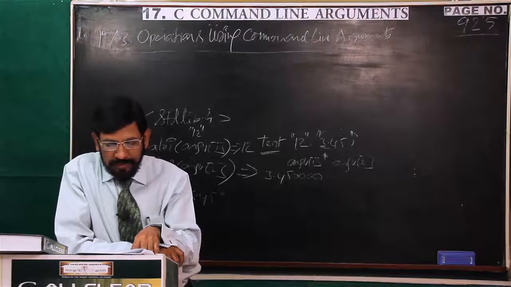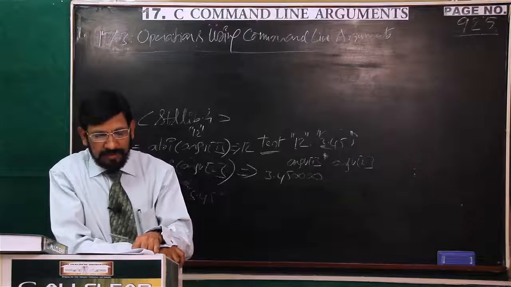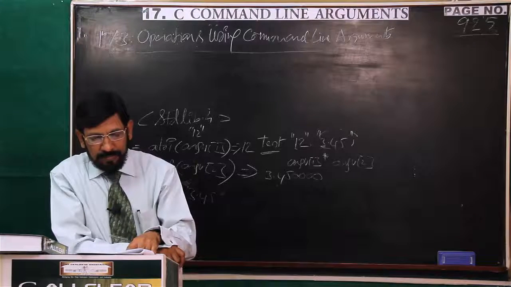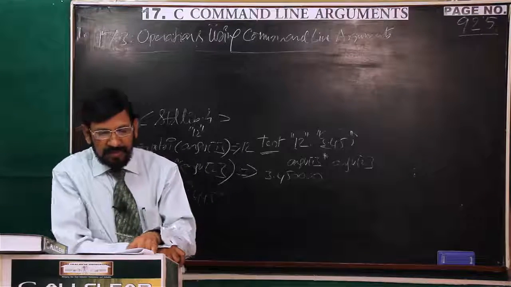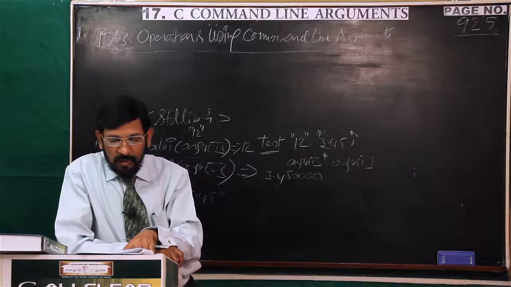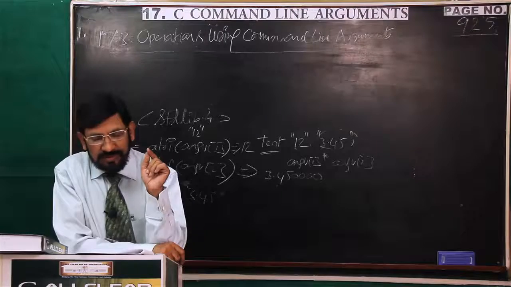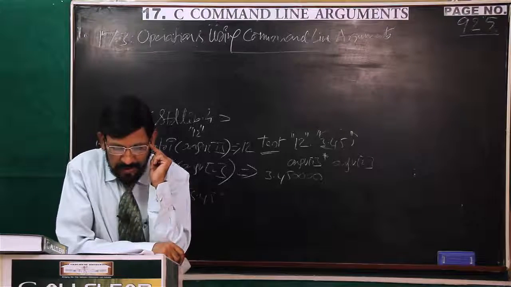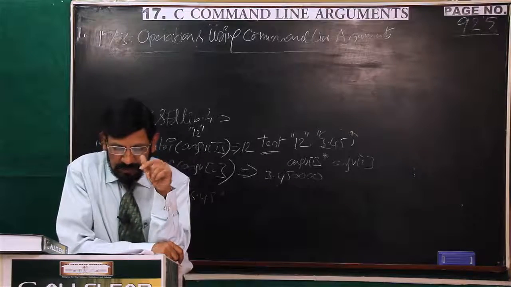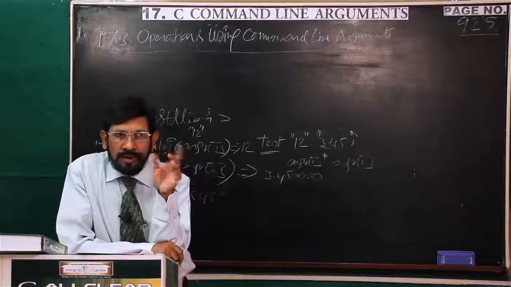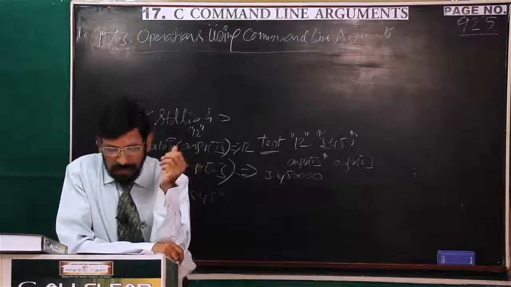here total temperature is total temperature plus, where total temperature is originally 0, atof of argv, that is ASCII to float, that we are applying. Then all these values are converted into actual floating point values.